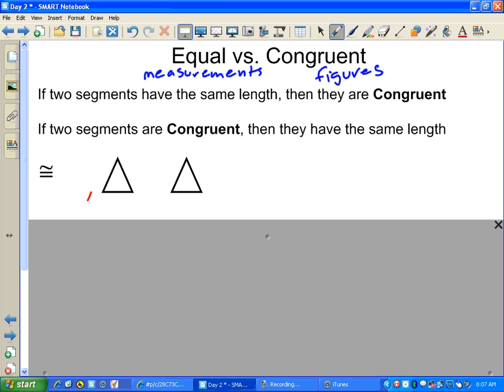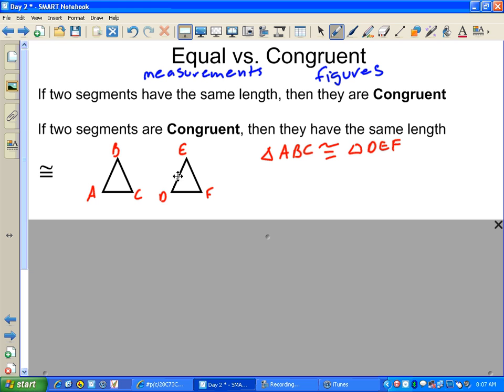So if this is triangle ABC, and this is triangle DEF, I can say triangle ABC is congruent to triangle DEF. I can't say they're equal, because equal implies they are exactly the same in every way.